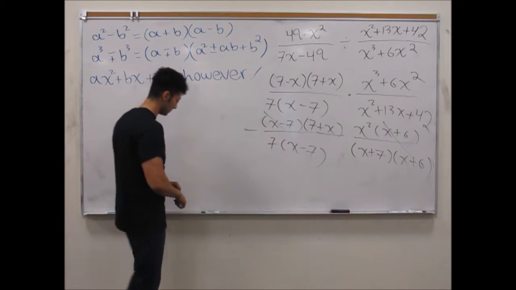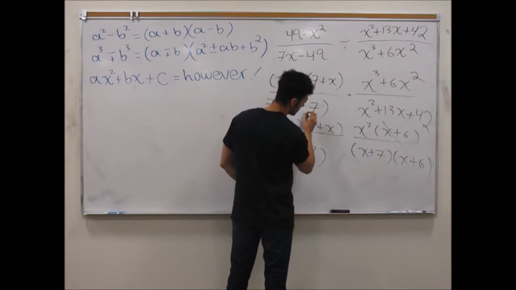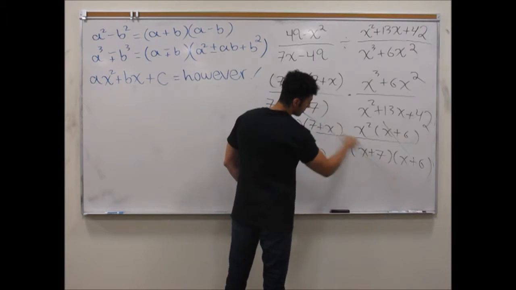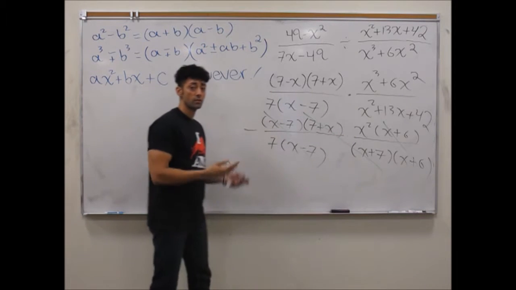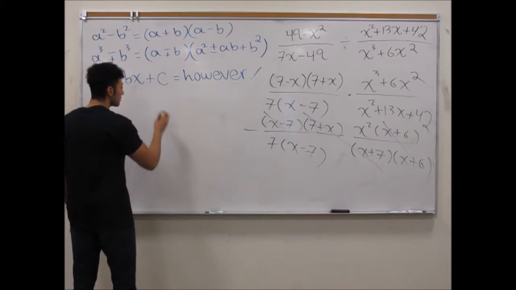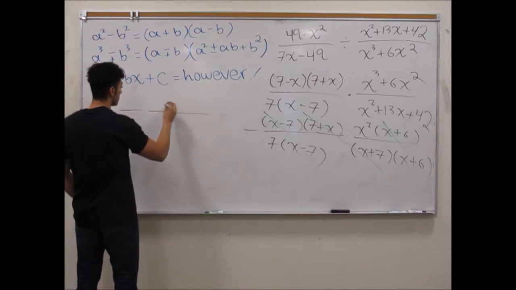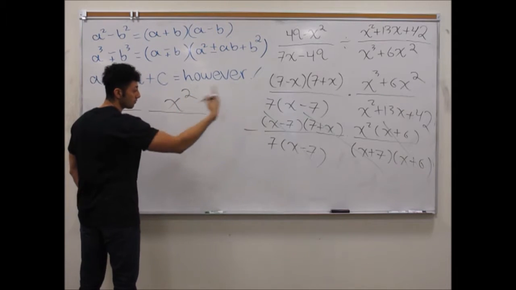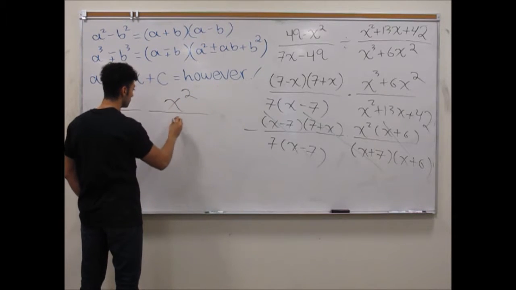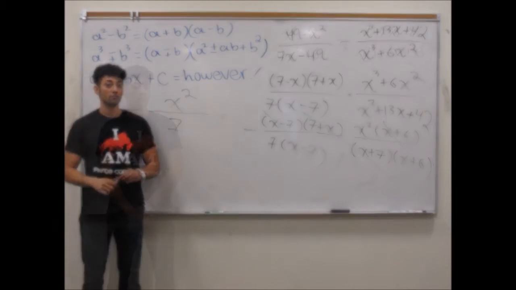And I keep missing stuff to cancel. So you could also cancel out these x plus 7, 7 plus x. I was getting mixed up because of that. Alright, so we just get an x squared on top. Don't forget the negative that we factored out. So negative x squared. And on the bottom we get a 7. That is it. Be careful.